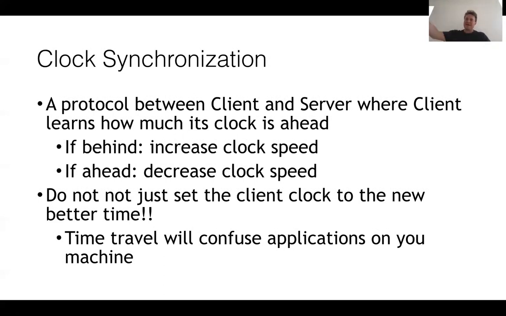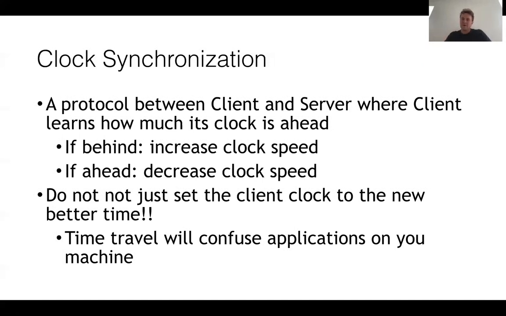If your clock drifted ahead, it's probably because it's too fast, so it's much better to put the speed of the clock down instead of just putting the clock back. Similarly, we don't like to have time make big leaps forward, because we could jump over some time where something significant had to happen in an algorithm. So instead, we just speed up a little bit if our clock is behind.